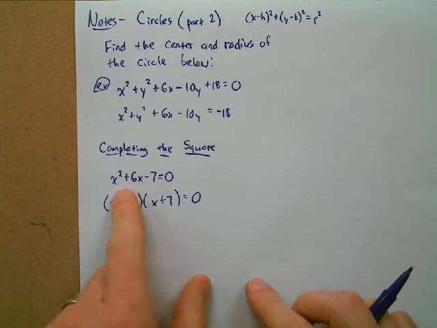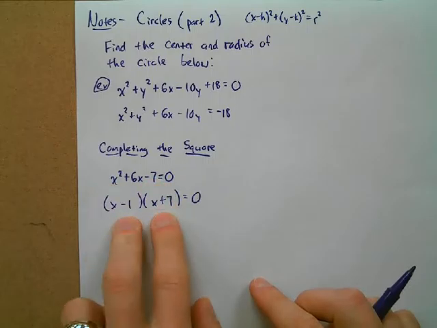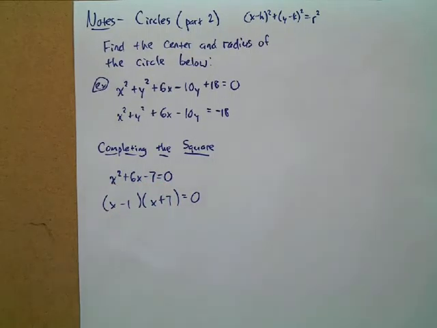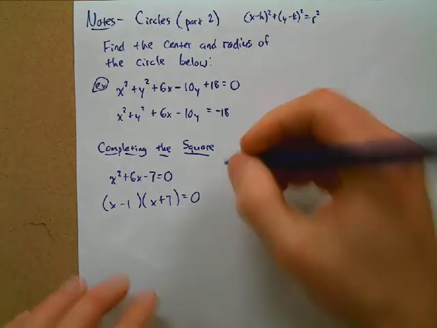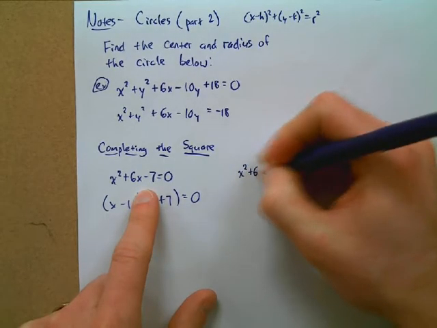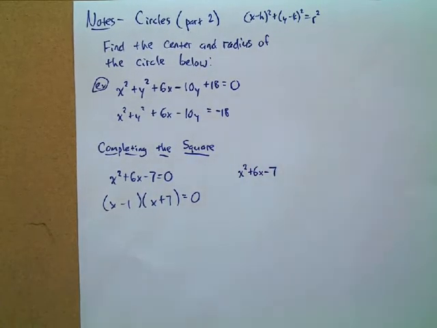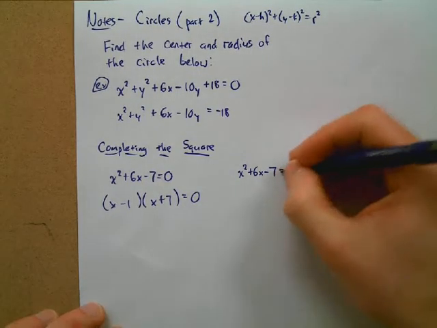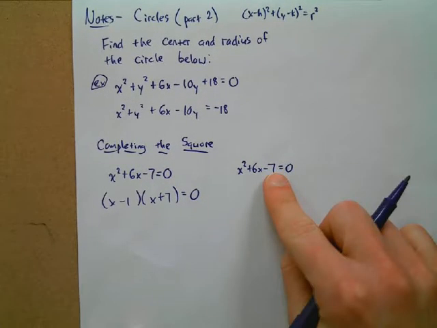So what can we do here? How do we fix that, so to speak? Well, if we take our quadratic and make some adjustments to it, you might see it in different ways. Sometimes your teacher would have you add 7 over, so you just have the x squared plus 6x.